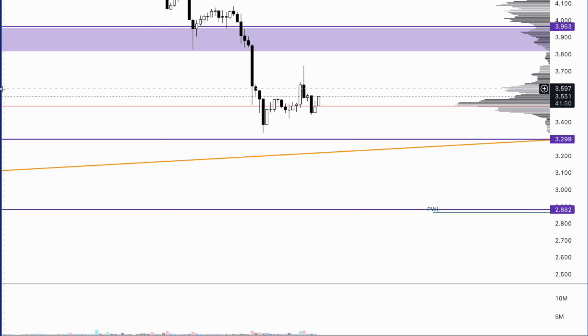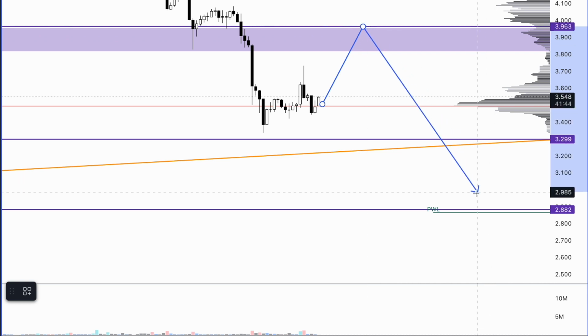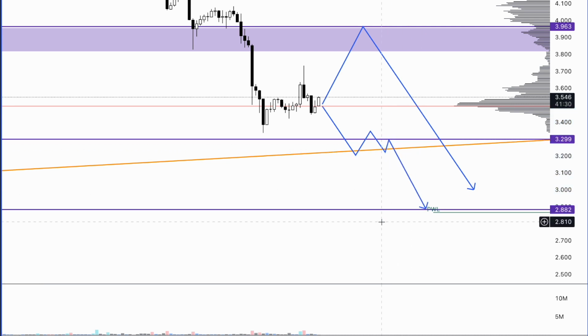Essentially, what I'm looking for then would be a move either up to here and short it down, or some weakness, some chop, and then short it down, right?